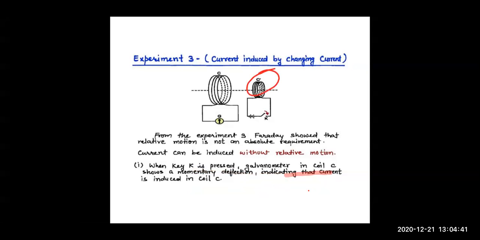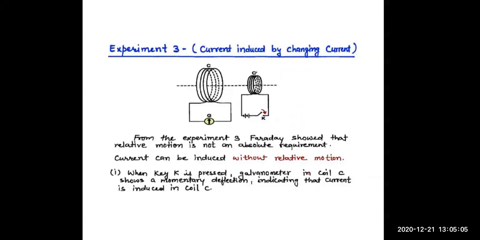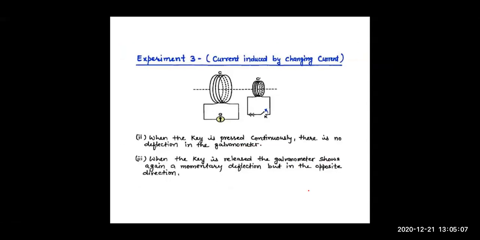So what is happening here is when you press the key, when you put it on, at that time, momentarily for a second, the deflection is shown in the galvanometer, indicating that current is produced in this coil, right? And after that moment, the switch is still on, but the deflection comes to 0. That was only for a moment.